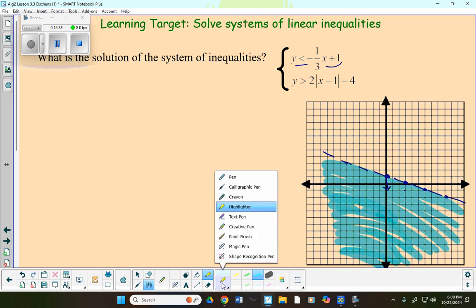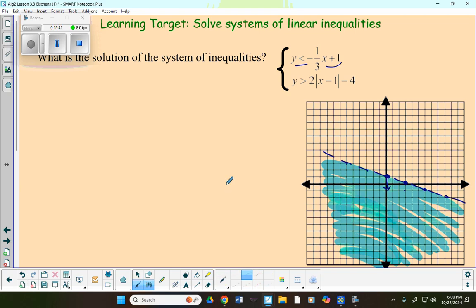All right, next one. This is absolute value. So again, we look for our vertex, which would be a +1, -4. Remember, we switch the sign of the x or the h. So the vertex is at 1, -4. So we're going to go over 1, down 4.